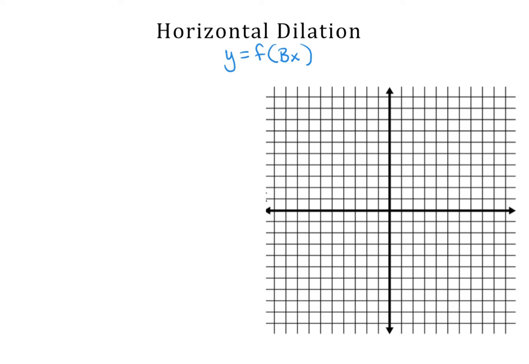Okay, last example, a horizontal dilation. It kind of brings in that same idea of compressions and stretching. So this time, let's do the parent function y equals x squared. So we have our (0, 0), (1, 1), (2, 4), and (3, 9).